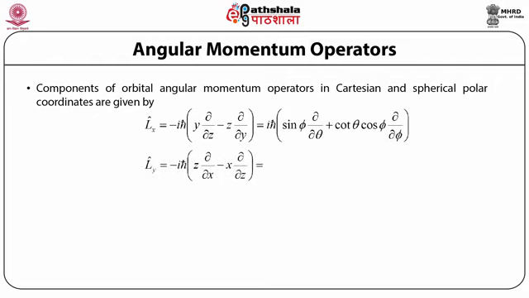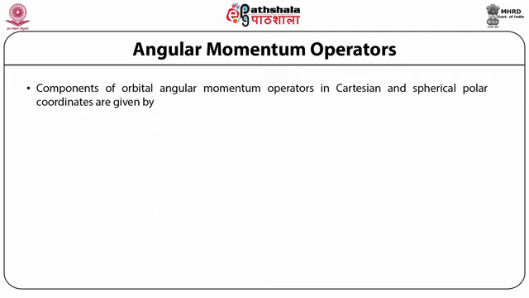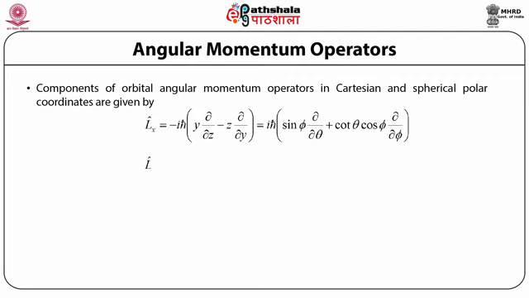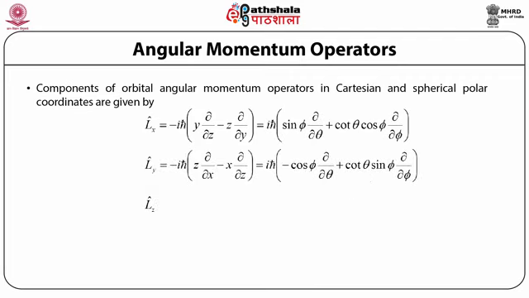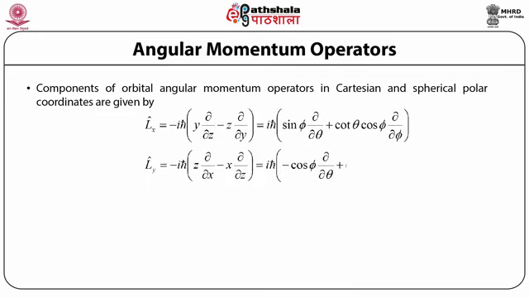In the Cartesian coordinate system, operator Lx is represented as minus i h cross within brackets y times partial differentiation with respect to z minus z times partial differentiation with respect to y.